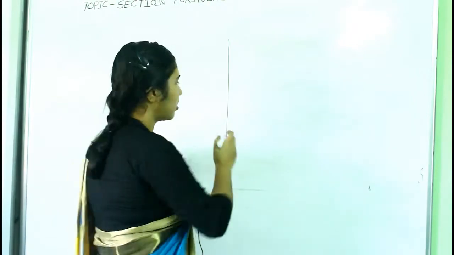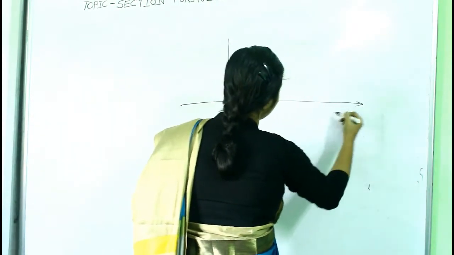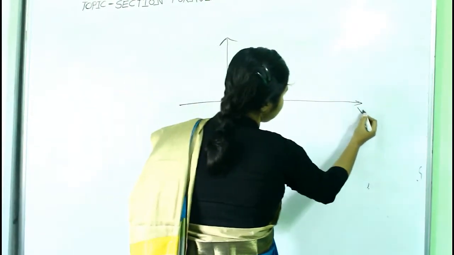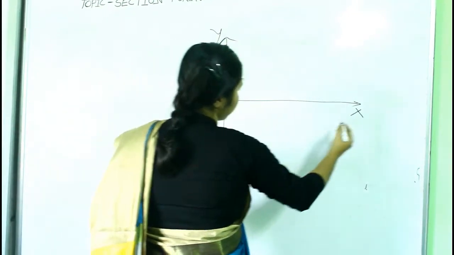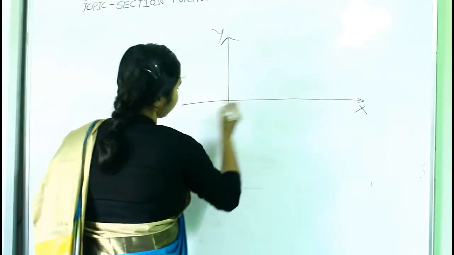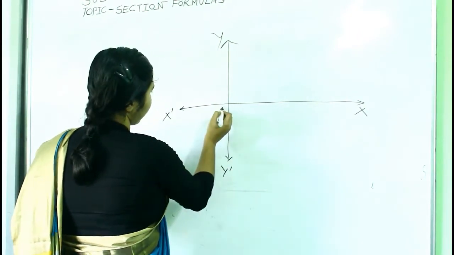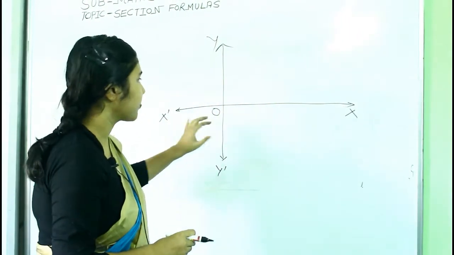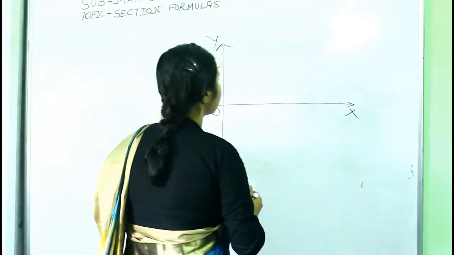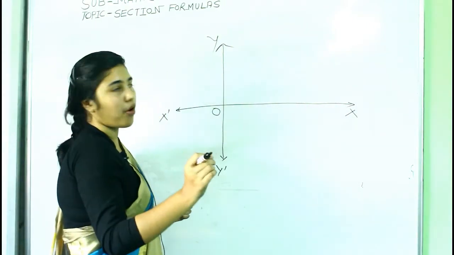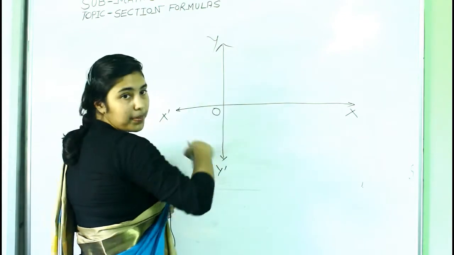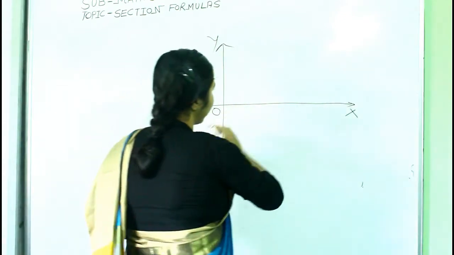Suppose first consider a two-dimensional axis, x-axis and y-axis, okay? And this is our origin, right? Now consider any 2 points on the xy plane.